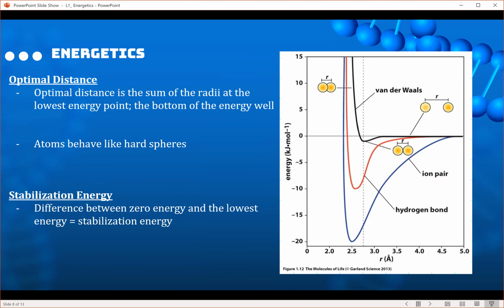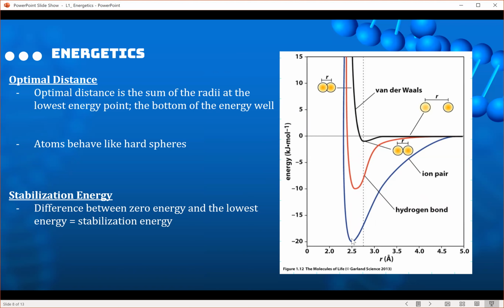The radii are different when we look at van der Waals, ions, and hydrogen bonding, and I'll go into that in future lectures. But the optimal distance is where the energy is the lowest. It's where there isn't going to be more attraction and there isn't going to be more repulsion. It's the bottom of the well.